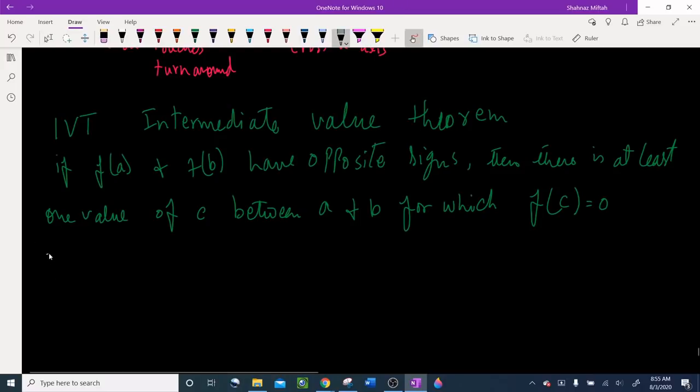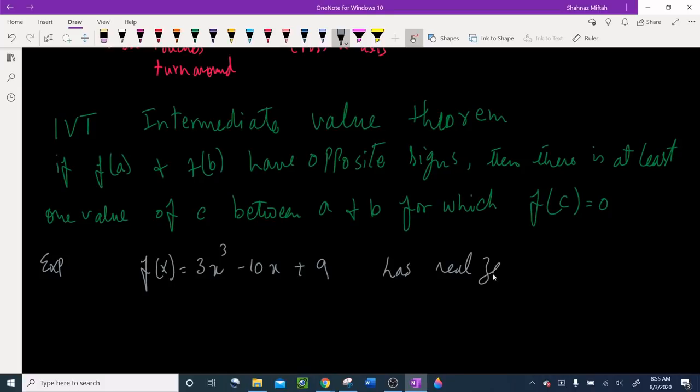So let's do the example. They said show that the polynomial function f of x equals 3x cubed minus 10x plus 9 has a real zero between -3 and -2.